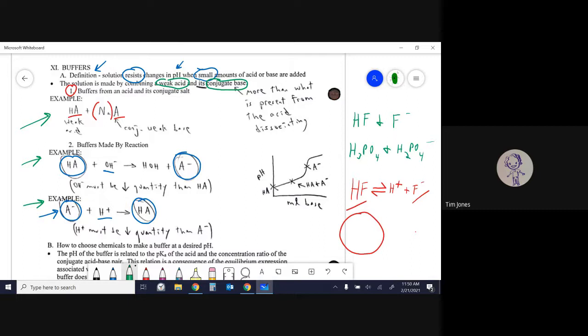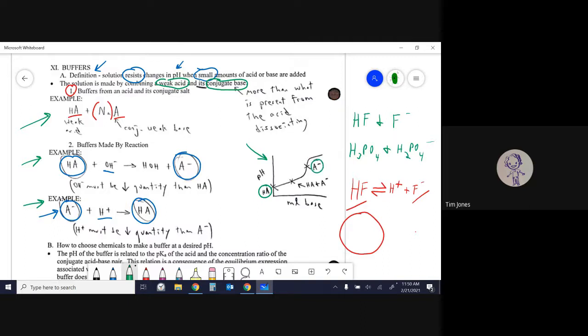Now I mentioned over here, you'll see I have this titration graph. When you do a titration, you're essentially starting with just weak acid, usually. And the idea is to completely react the weak acid until it's gone and you've made A minus.